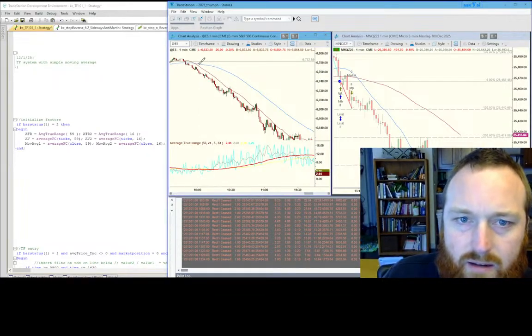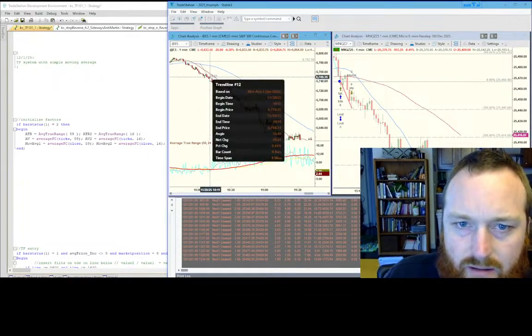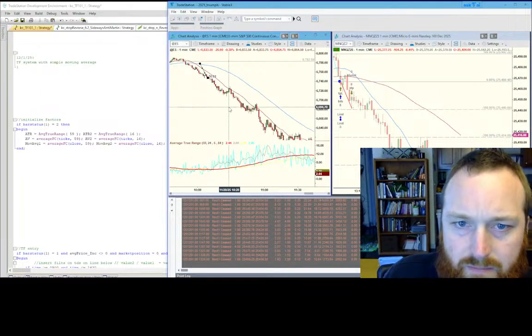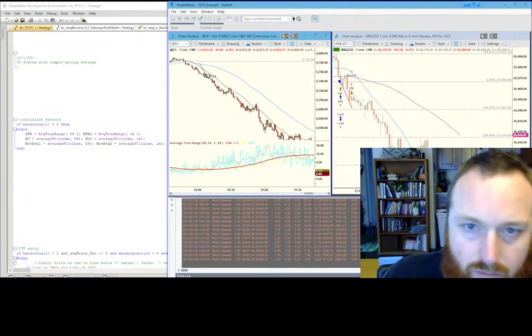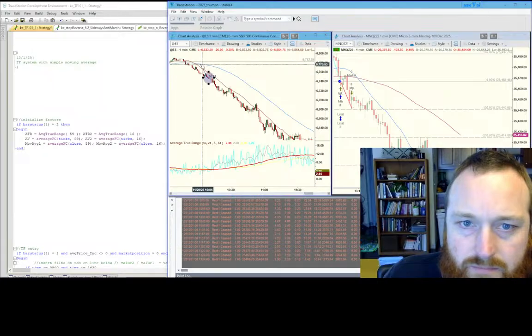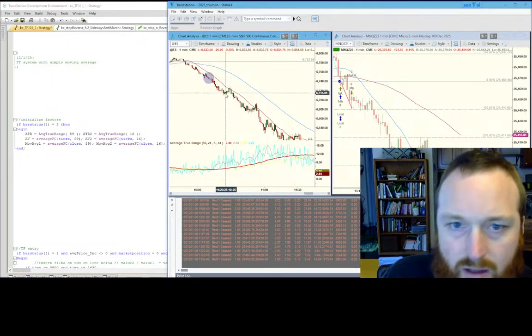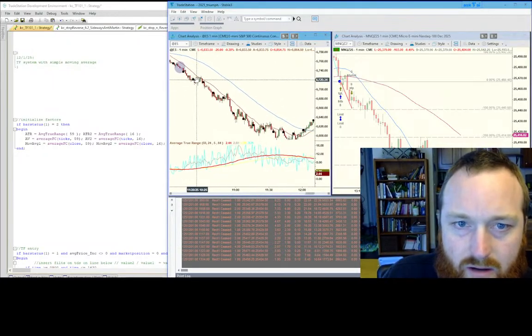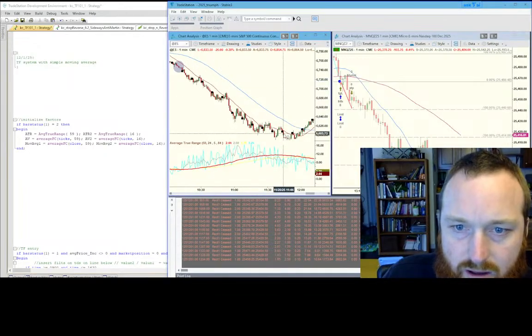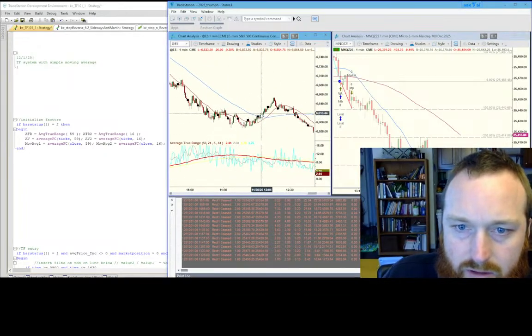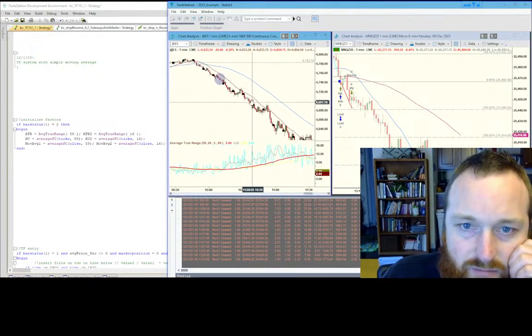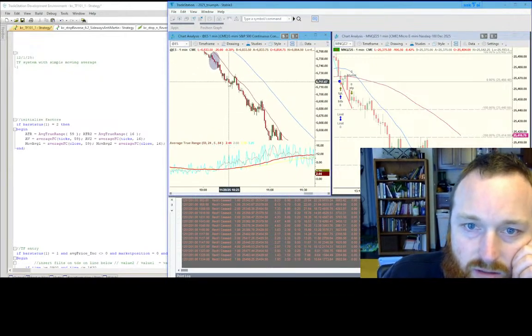I want to get in on this downslide at probably 30. So that means we would get in here, and we would ride that sucker all the way down until it crosses over the blue line, and it would go all the way to here. So we catch a massive, massive, massive move. That's exactly what we're looking for.